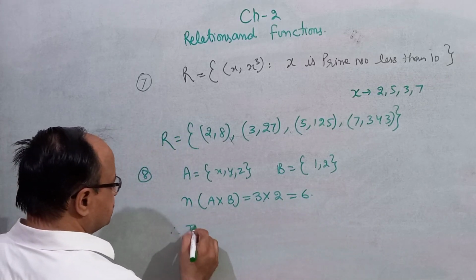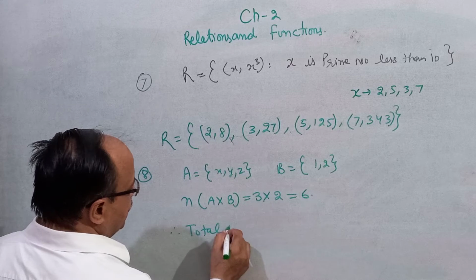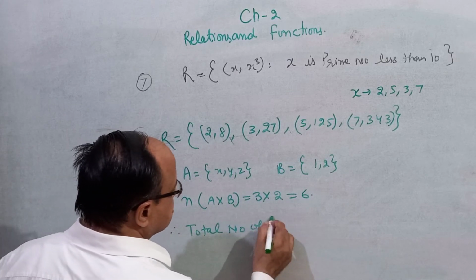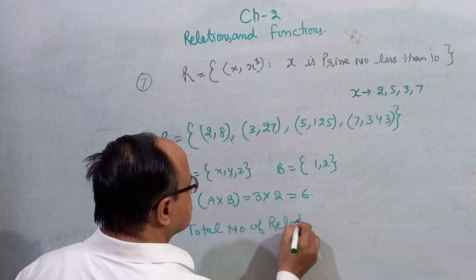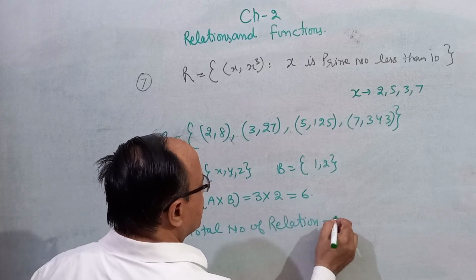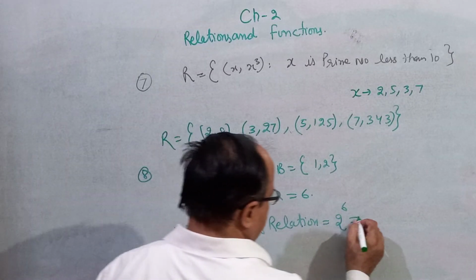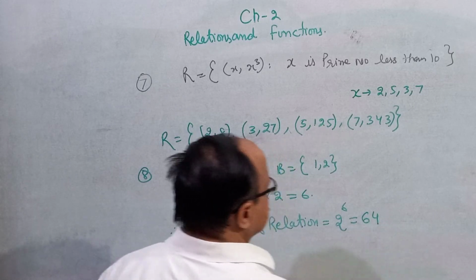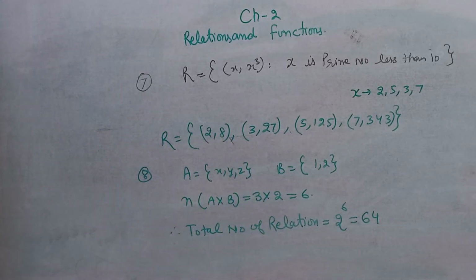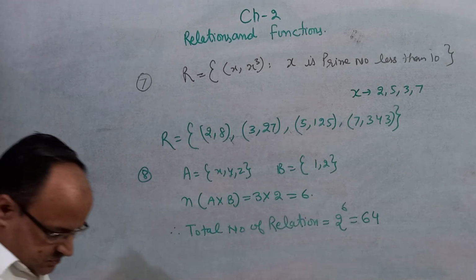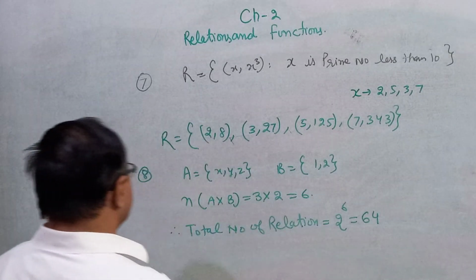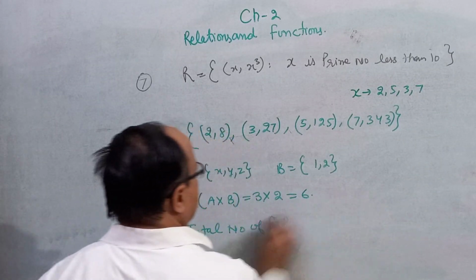Therefore the total number of relations, by the formula, is 2 to the power 6, and 2 to the power 6 is 64. Clear? This is the solution of question number 8.